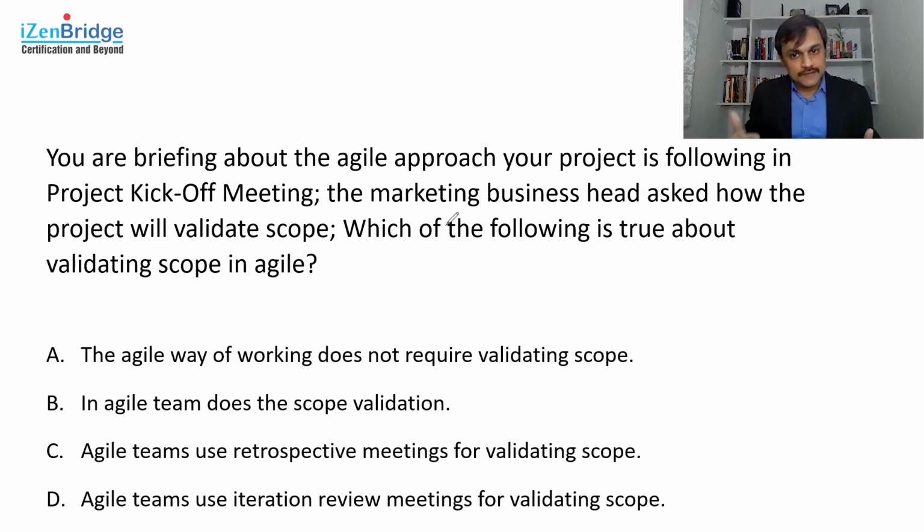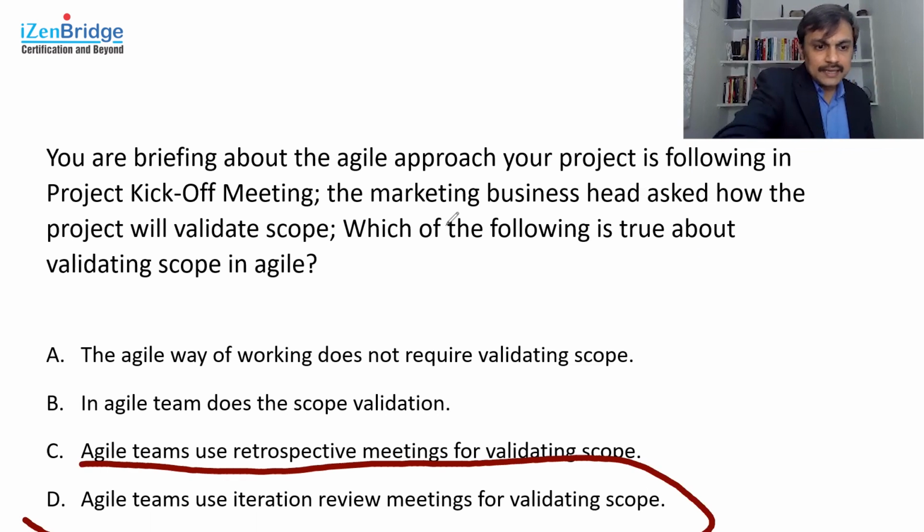If they have some feedback, they provide it as an input, which you consider: you add those inputs to your product backlog, you refine them, and as per prioritization, you do it at a later stage. So out of the available options, in this particular case, we can pick option D. Relatively speaking, option D is the one which clearly comes out, because the other options are targeting something else rather than validating scope in the agile context.